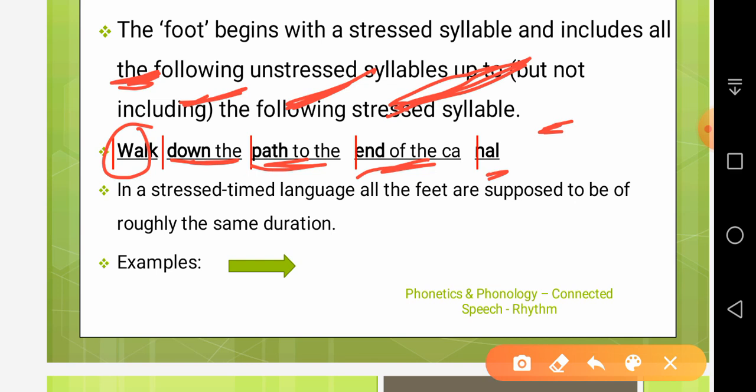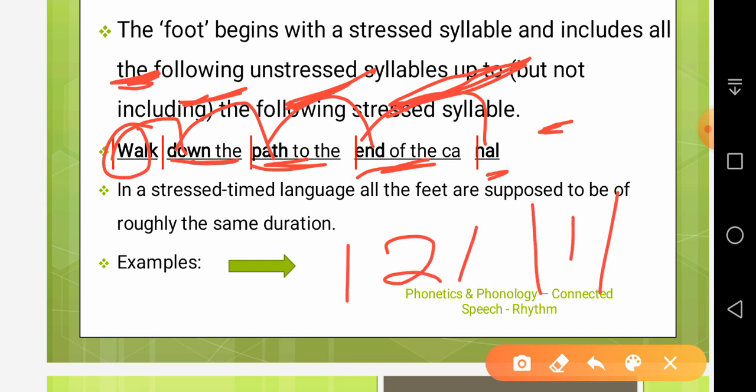So why? Because native speakers just try to speak only the stressed syllables, and what happens to the unstressed? Either they are not pronounced in connected speech, or even if they are pronounced, they are weakened. That is, schwa or a sound is introduced. So why does this happen in connected speech?